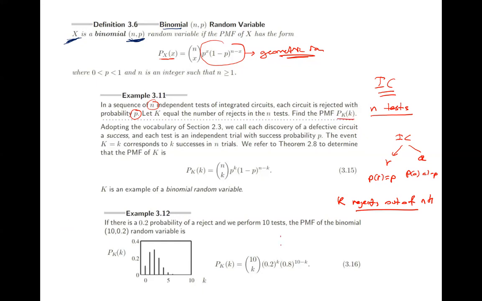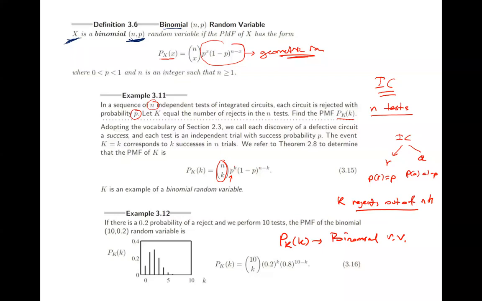So P_K, K is a binomial random variable. If we have such experiments, similar models, then we can use a binomial random variable. Here, n choose k, where p is the probability of a rejected IC, and n and k are given.